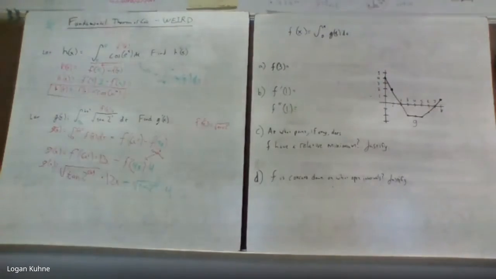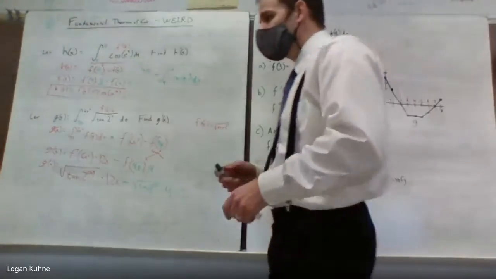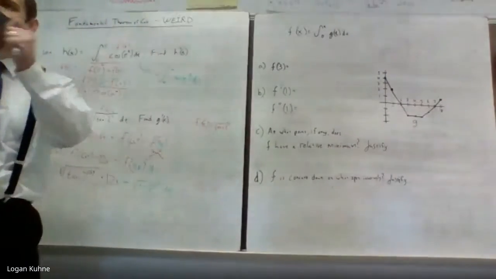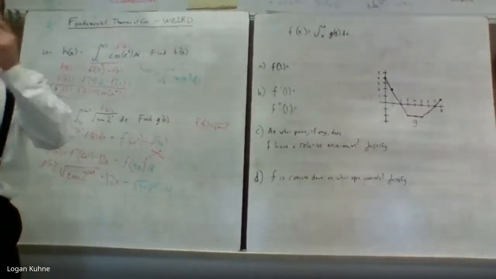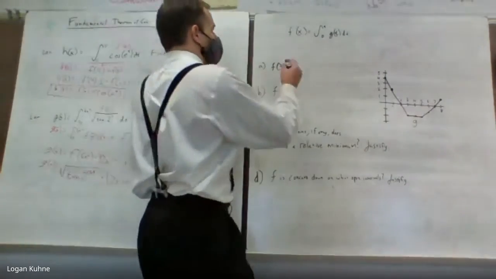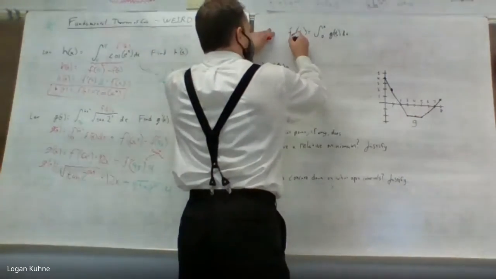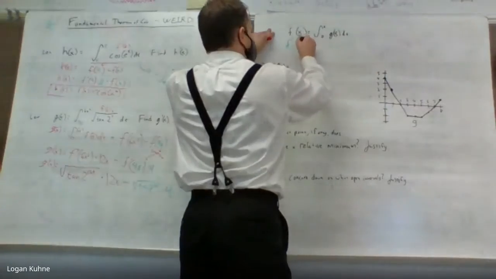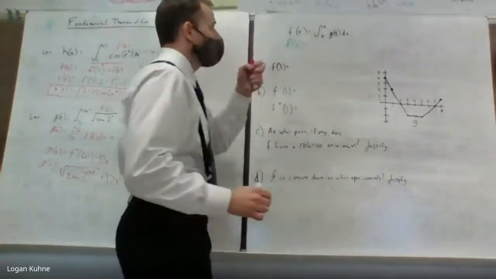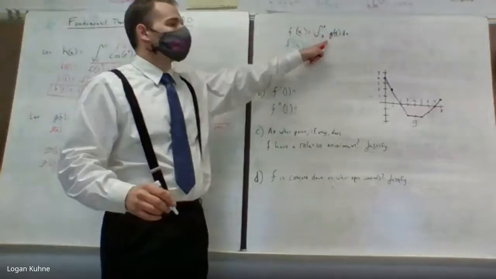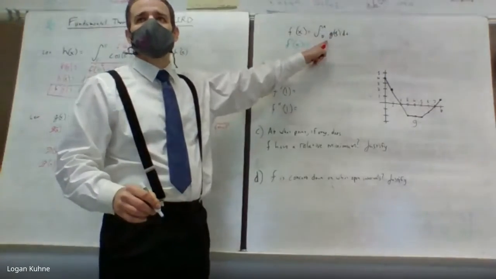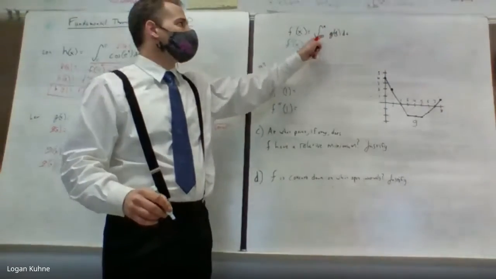Before you do anything else, at the top of your paper, you're going to write f prime of x is equal to, what's the derivative of this integral from 0 to x?